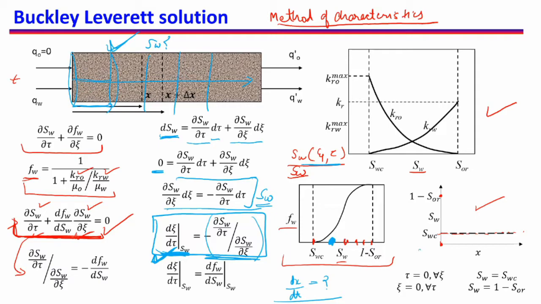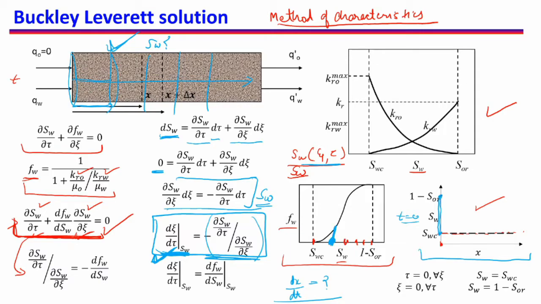So if we look at this initial and boundary conditions curve, we have many saturations between SWC and 1 minus SOR, and at t is equal to 0, all these saturations are concentrated at x is equal to 0, isn't it? Then we say that we want to find out the velocity or the position of this particular saturation.